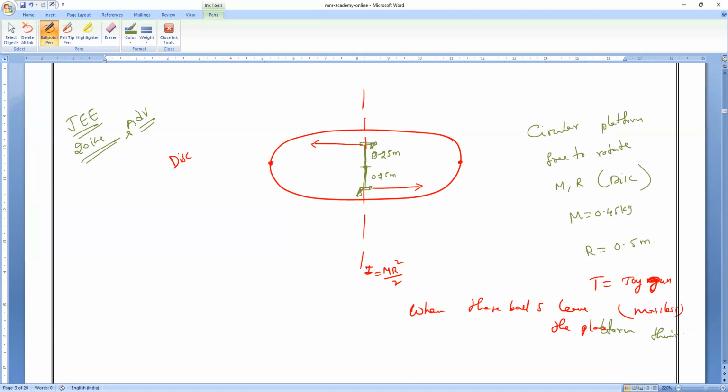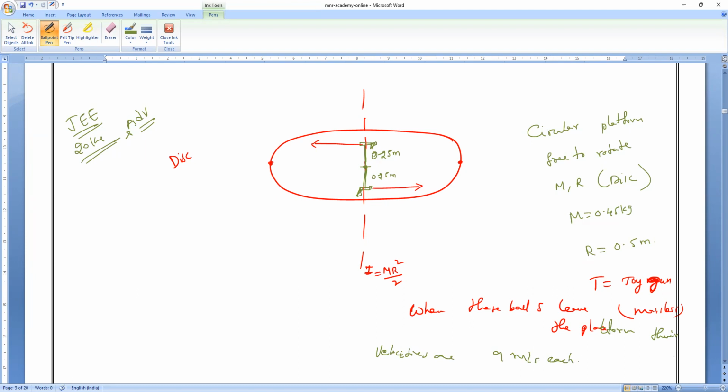Their velocities are 9 meter per second each.